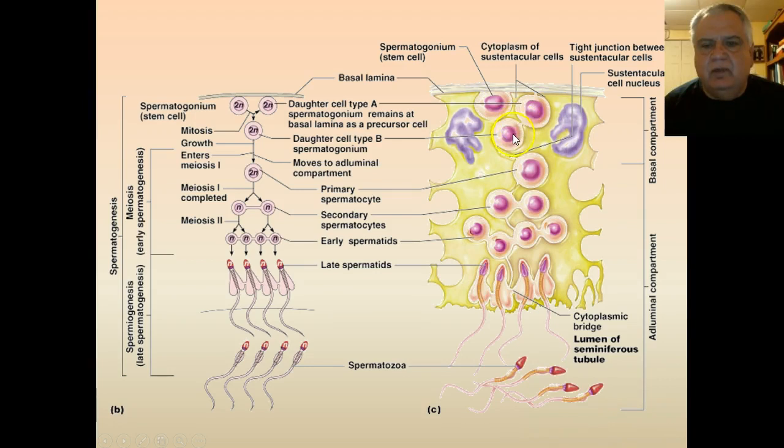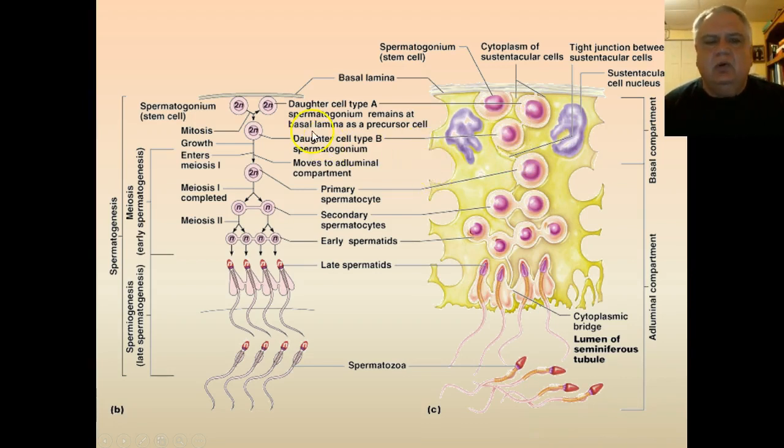Here's the border of this sustenacular cell, and it comes all the way down here. See that line between them? That's the border between the two cells. So there's one sustenacular cell here and one here. And the reason why I'm pointing this out is I don't want you to confuse this as being a connection between these two cells. This is actually the border of this sustenacular cell and the border of this one. So these cells are developing between the sustenacular cells.